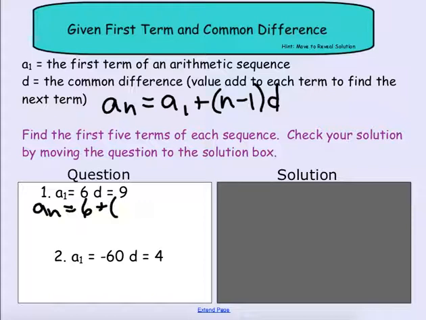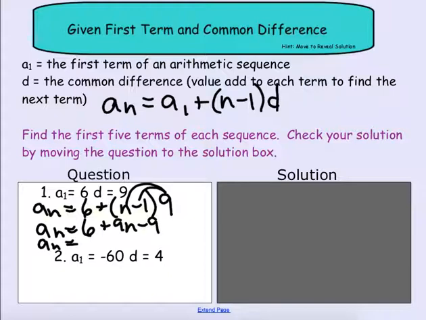And then we're adding n minus 1 of our differences, which in this case is 9. Now, we can't quite leave it like this because it is not in simplest form. So we need to distribute that 9, getting a sub n equals 6 plus 9n minus 9, which means we can add those constants together and get 9n minus 3.